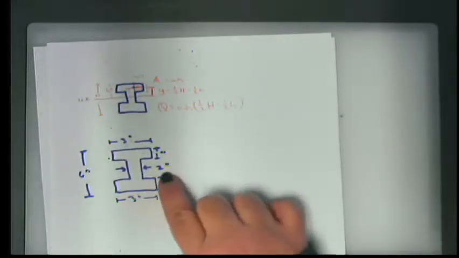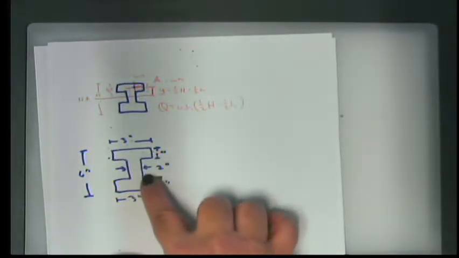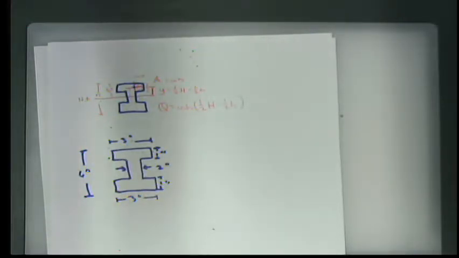Okay. I'm also using different numbers. I mean, this looks more like 1 inch, but I'm using different numbers because when we do the calculations, I don't want you to think she's talking about the width of the web or she's talking about the height of the flange. So I'm using different numbers so you can see that.